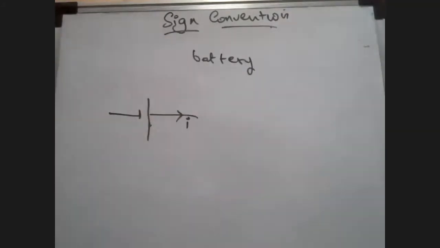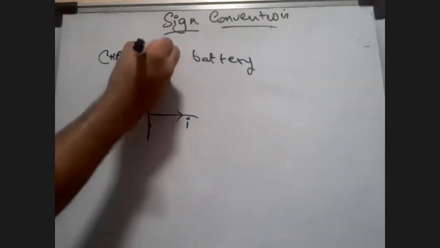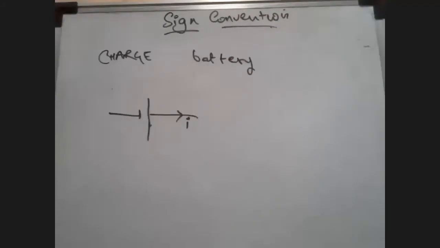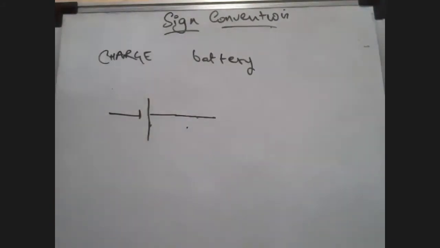And if we have to talk about a charging battery, what do we do when we charge our mobiles? We are giving current to the device that we are charging. So the current will be in which direction? It will be towards the battery, like this.